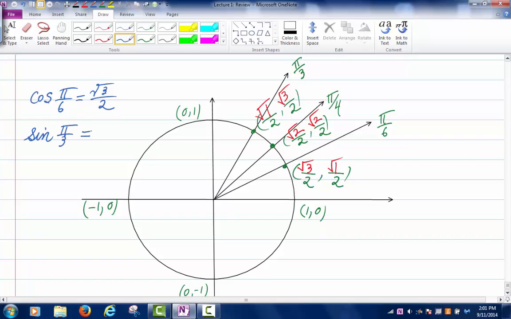Well, that's the second coordinate of the point at the angle pi over 3. What is that? Root 3 over 2. What is sine of 45 degrees? That's root 2 over 2. Is everybody okay with that? Pretty easy to remember, I think.